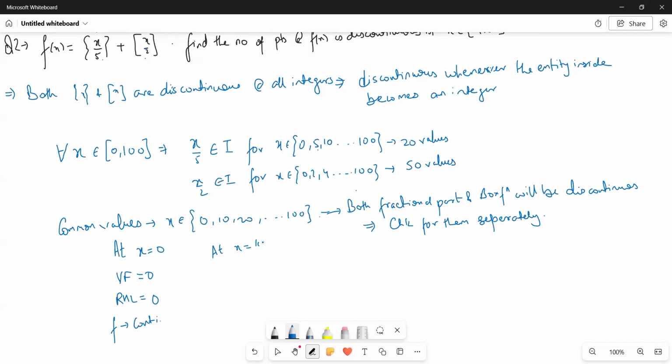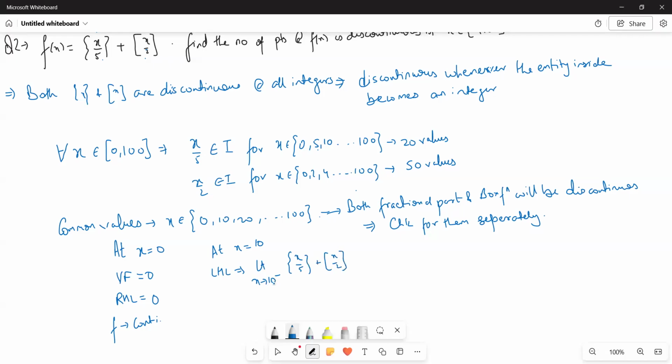Then at x equal to 10, let's look at the left hand limit. So the value of x is slightly less than 10. So 10 by 5 हो जाएगा slightly less than 2. Limit x tending to 10 minus, fractional part of x by 5 plus box of x by 2.